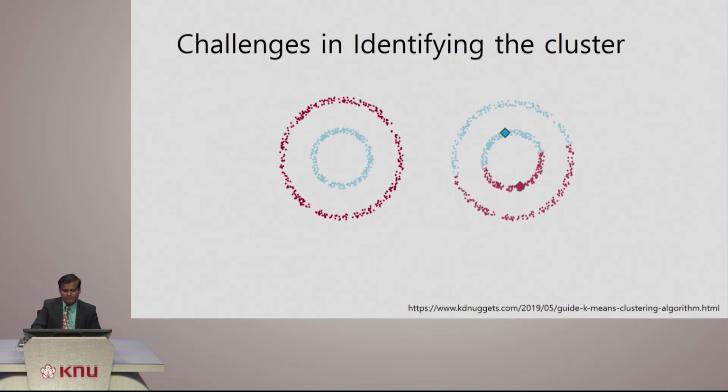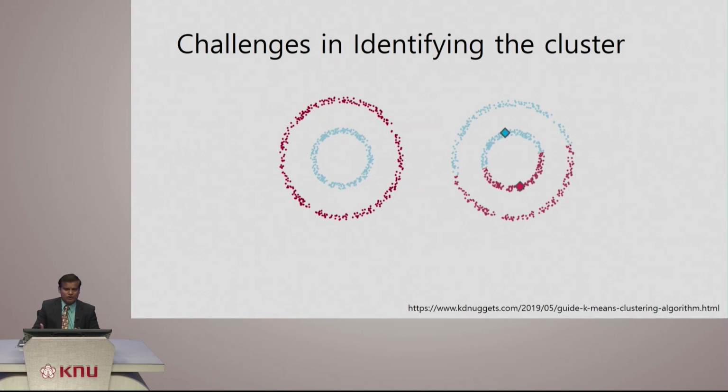You can see in this figure there are 2 circles, the inner circle and the outer circle. It's very hard for us to separate this clustering the traditional way. Say, for example, you are using the Euclidean distance as one of the measures, and you have taken k-means, and again the question is how many k.